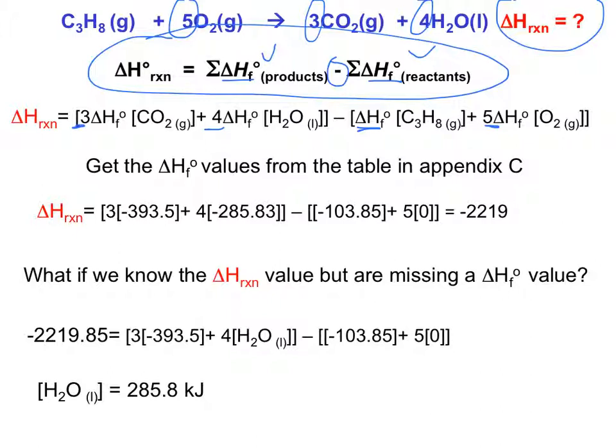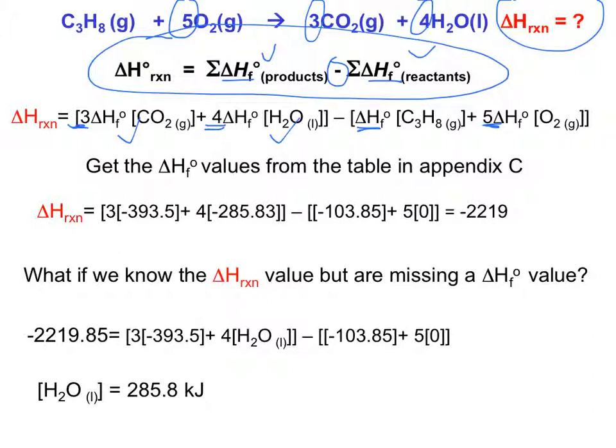Okay, so we do have to consider the molar quantities of each of these in the overall reaction. Okay, so notice I've taken the sum of my CO2 value plus my H2O, so my products, multiplied by their coefficients in the balanced equation, okay, and subtracted them from my reactants multiplied by the coefficients in front of them in the balanced equation.